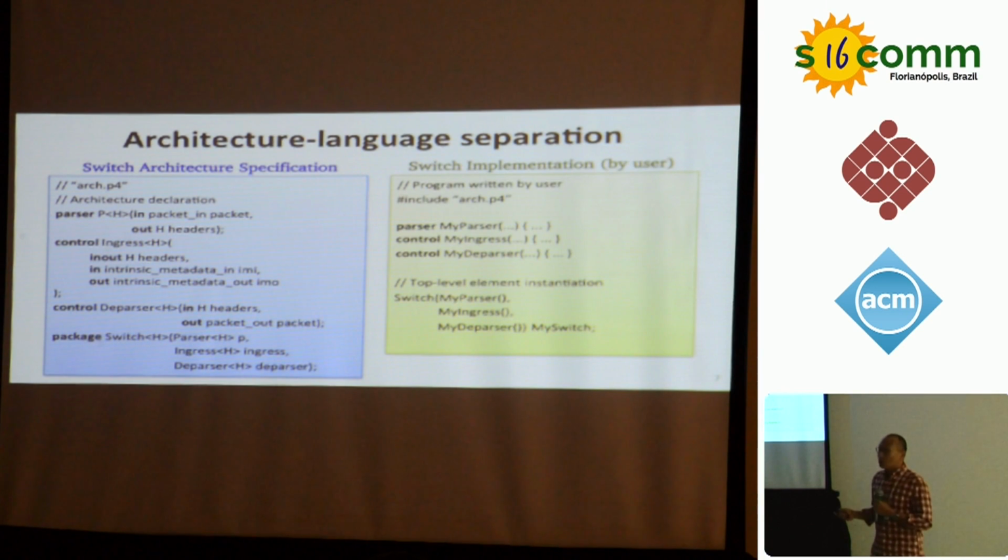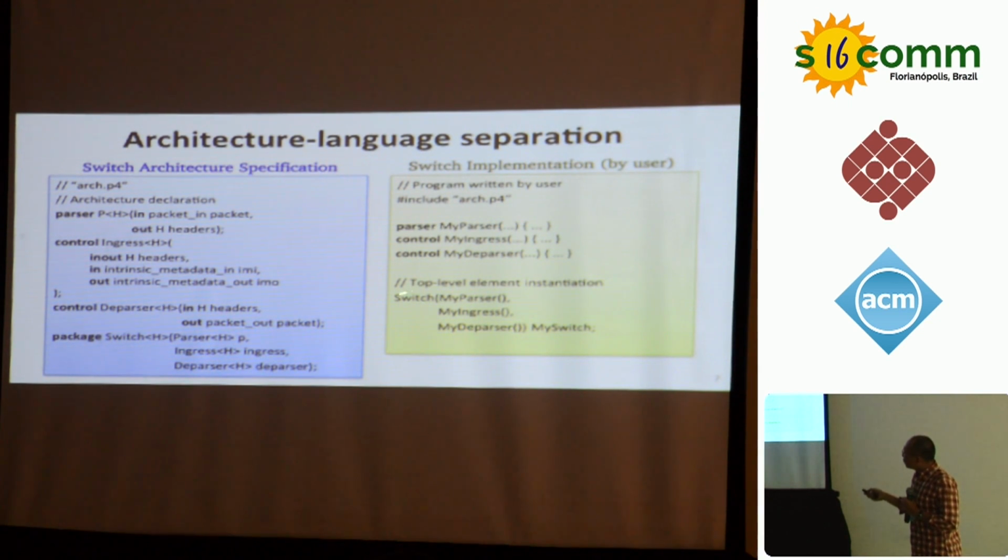And then the user of this architecture or device, when he or she writes the P4 program, will do this. It includes the architecture.p4 for this architecture, and then it defines the implementation of its own parser, ingress pipeline, and deparser, which goes here. I just omitted them.